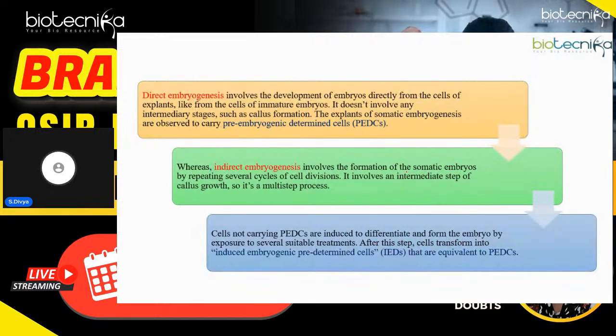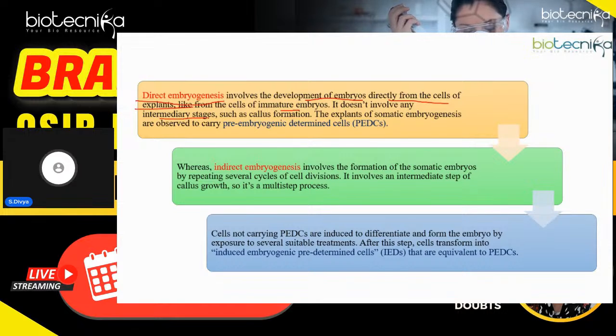Now, you can classify embryogenesis into two types. First one is direct embryogenesis. As the name indicates, it involves the development of embryos directly from the cells of the explant. That means if you are taking the immature embryos as your explant, from there itself the development takes place.